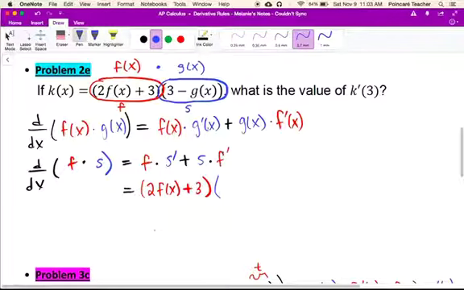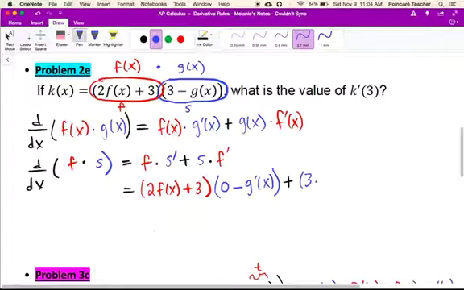Now I need to find the derivative of the second function. This is where we're going to have to apply other rules. The derivative of 3 using the constant multiple rule is going to be 0, and the derivative of g of x is going to be g prime of x. Plus the second.